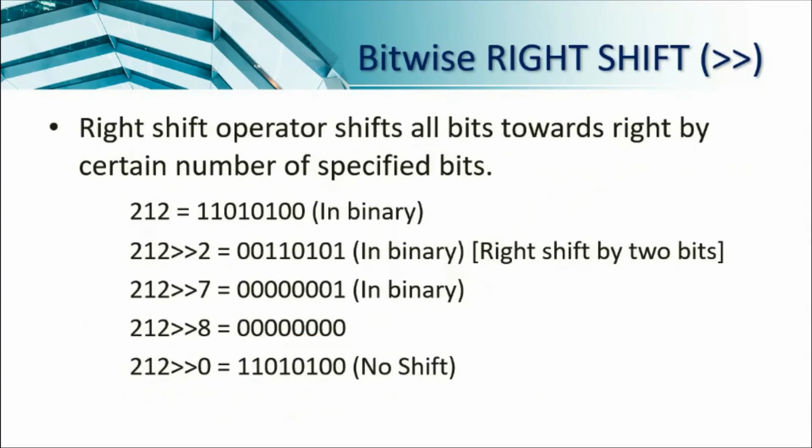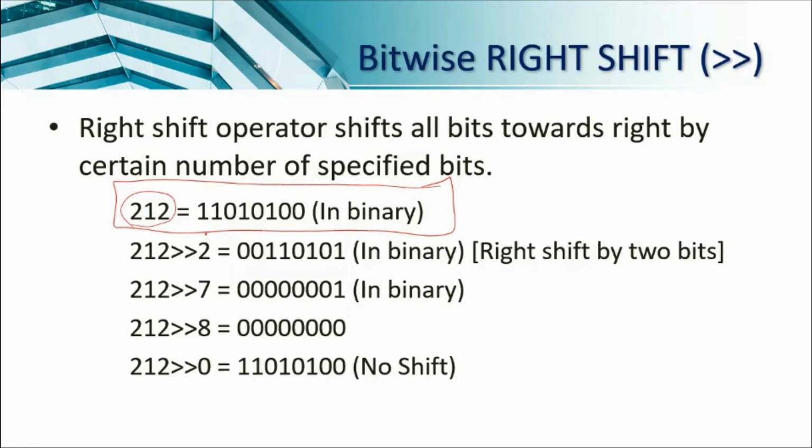Then there are two operators, the bitwise right shift as well as the bitwise left shift. The bitwise right shift operator shifts all bits towards the right by a certain number of specified bits. Let us assume 212 is converted into the corresponding binary number 11010100.